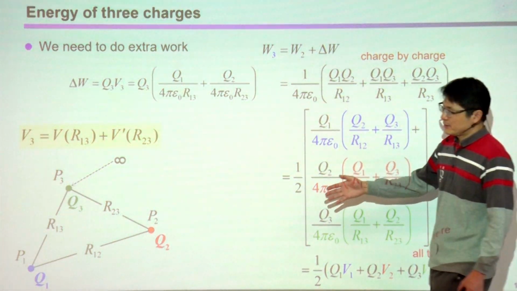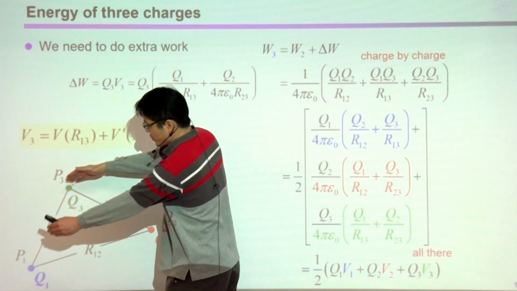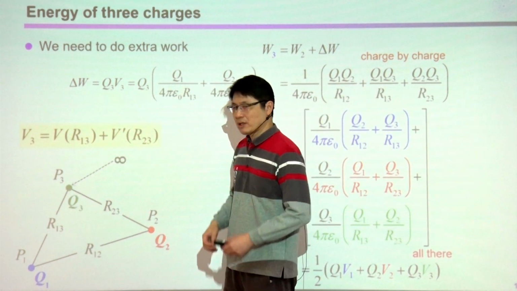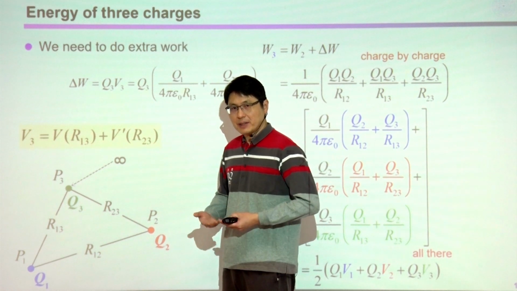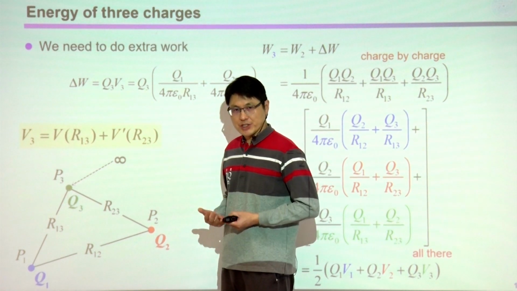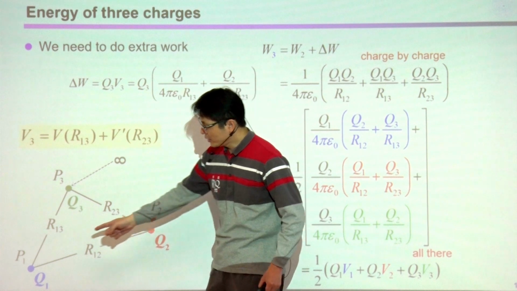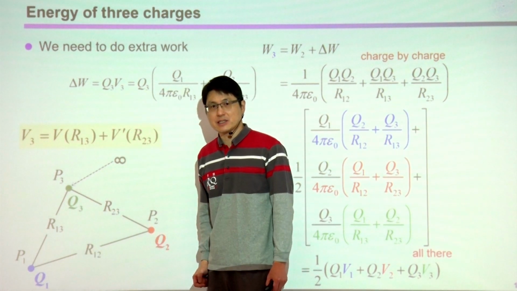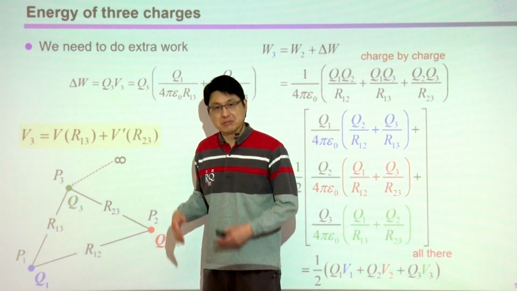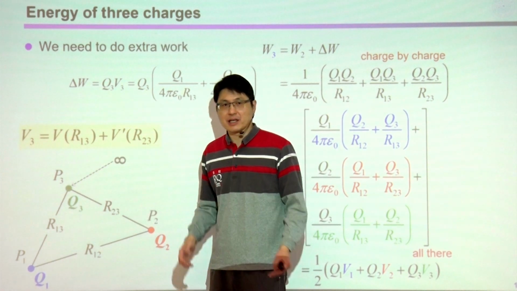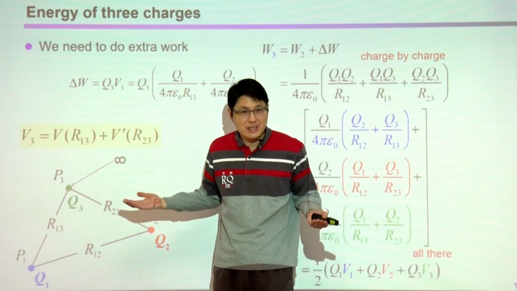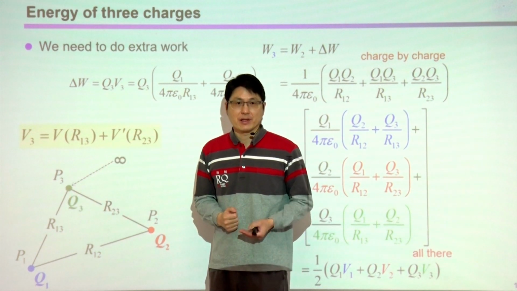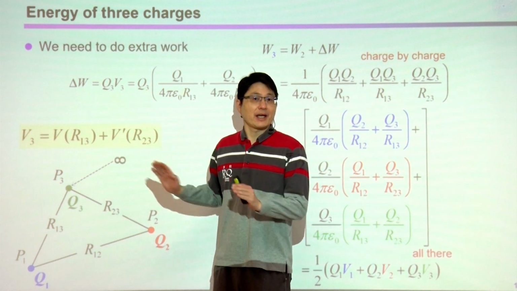I know that I have 3 charged particles, so I'm trying to sum up the total energy required. So I look at charged particle 1, right? It's there in space, but these 2 are also there in space because I don't care about the sequence now. They're all there simultaneously.